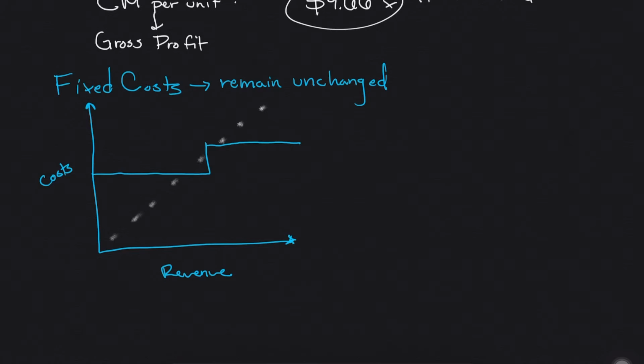And the reason for that is that fixed costs primarily are things that we would term to be like overhead. So a great way for remembering fixed costs is by the acronym USAIIRD. This represents fixed costs.